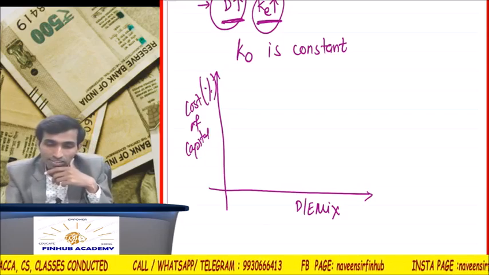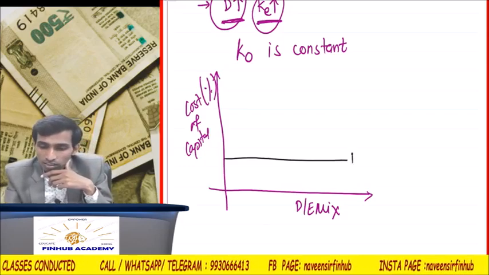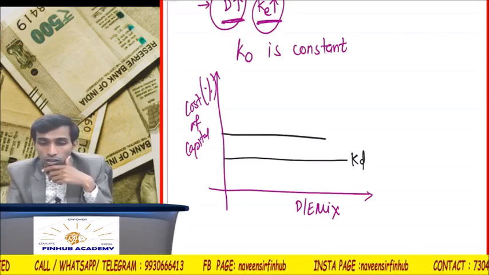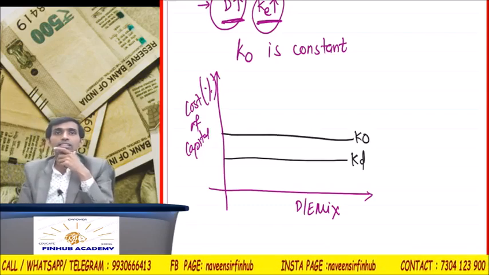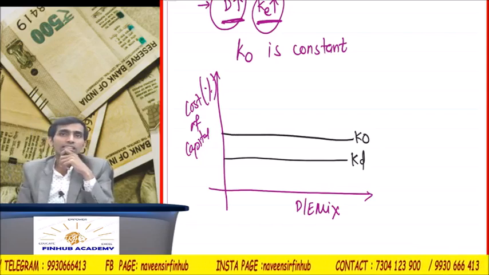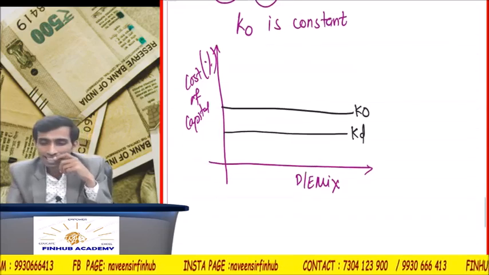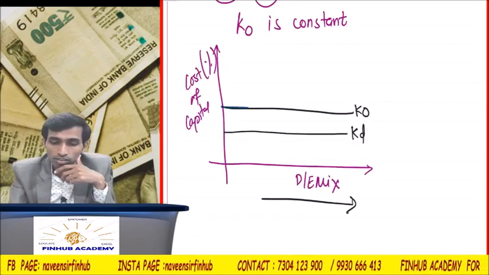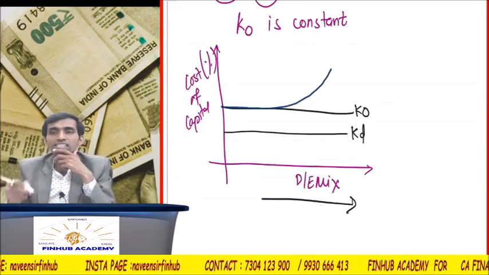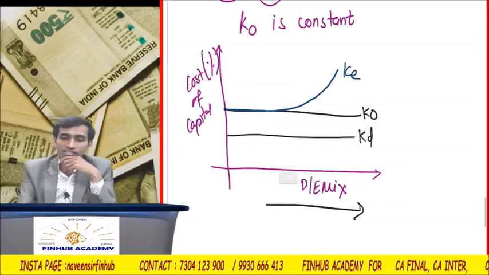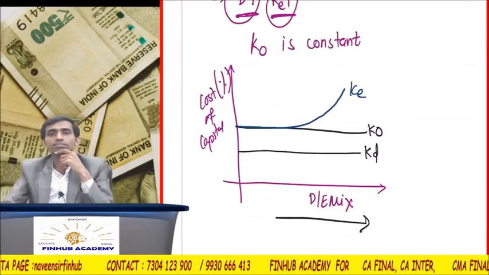No, KD will be constant. Will the KO change? No, overall cost is also constant. Will KE remain same or rise? As the debt increases, KE will rise slowly like this. This is the graph. If you want, you can draw.